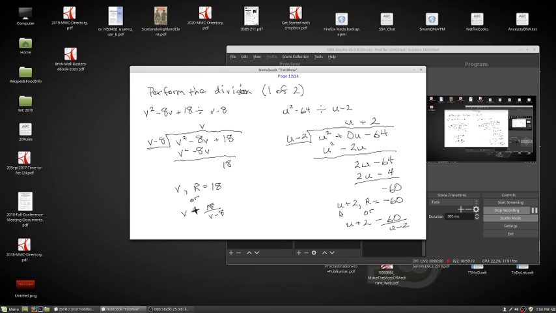So either the answer is u plus 2 with a remainder of negative 60, or u plus 2 minus 60 over u minus 2. Again, with any luck, things will work out and you don't have that remainder term to worry about.